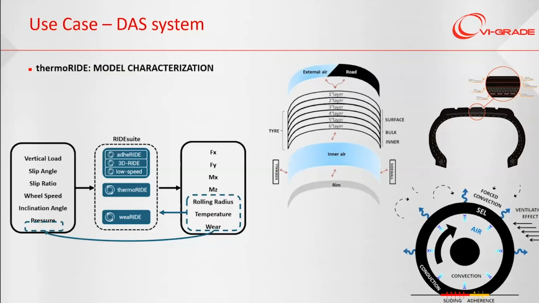This model takes into account all physical phenomena related to the thermal behavior of a tire. We can see the heat conduction between the different layers, the heat exchanged with the external environment, heat generation through strain energy loss and friction power, wear effect on the tire, and heat exchanged between rim and brake.